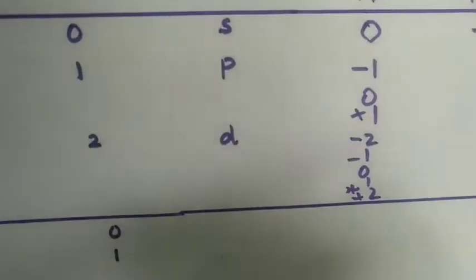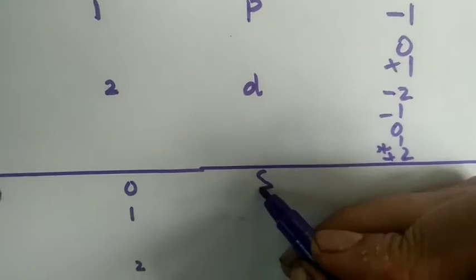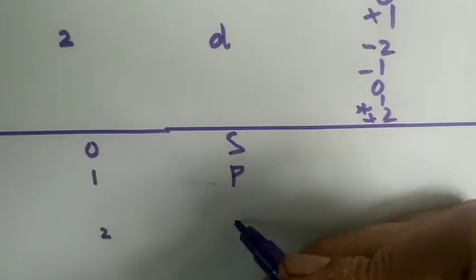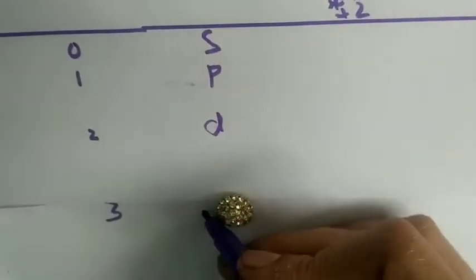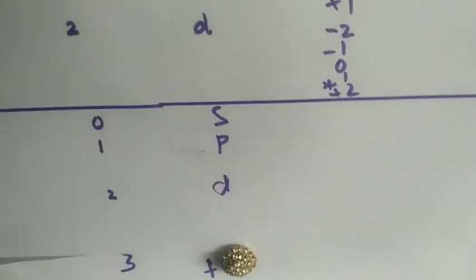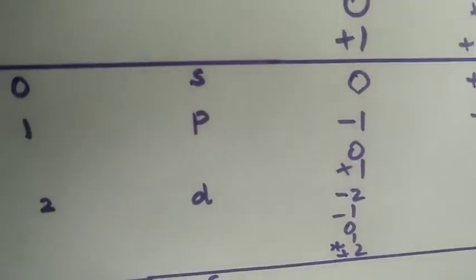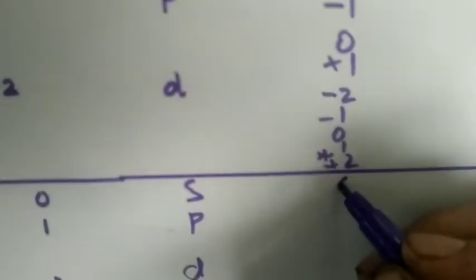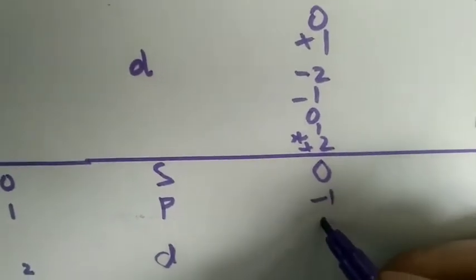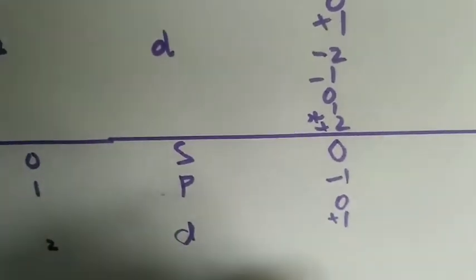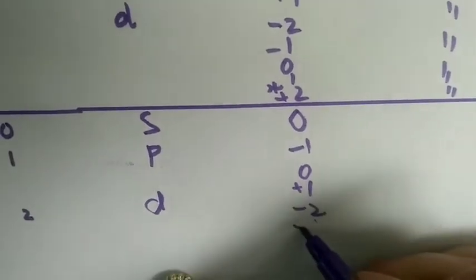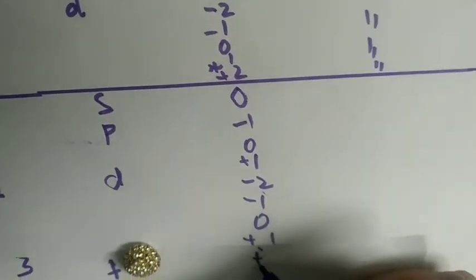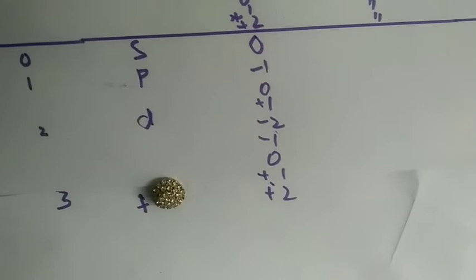So for 0, the name of the subshell will be S. For 1 it will be P, for 2 it will be D, and for 3 it will be F. For S, the value of ML can be 0. For 1, it means minus 1, 0, plus 1. For 2, it means minus 2, minus 1, 0, plus 1 and plus 2, from minus 2 to plus 2.